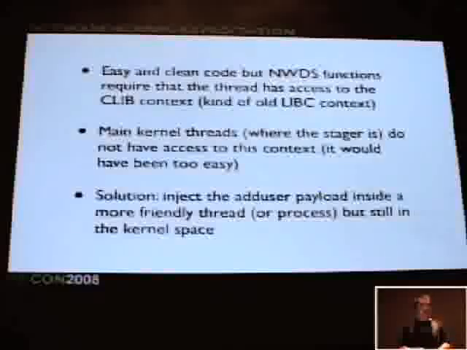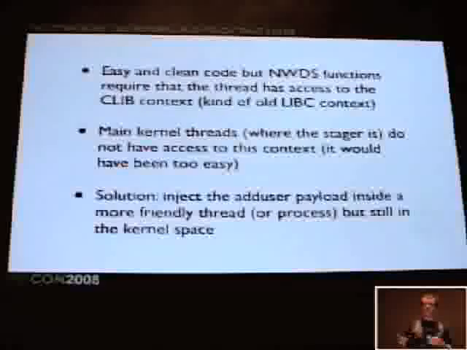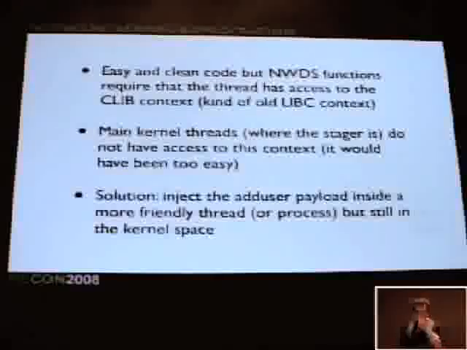they need access to a CLib context, which is a kind of libc context, and this CLib context is not available for all threads. And it's actually too complex to add a CLib context directly in the main kernel loop, because all kernel threads do absolutely not have access to the CLib context.